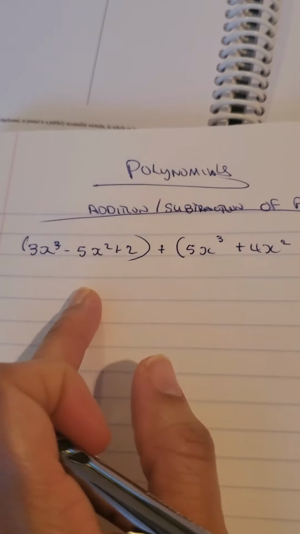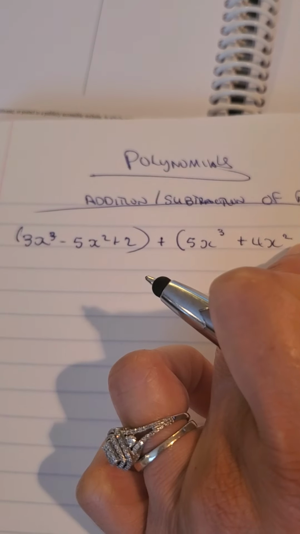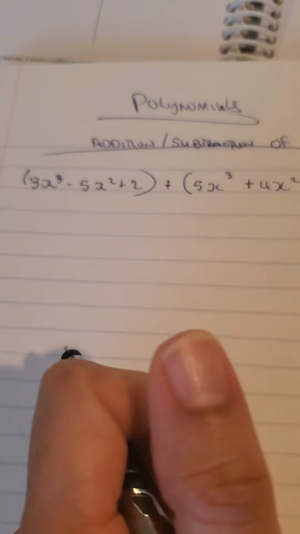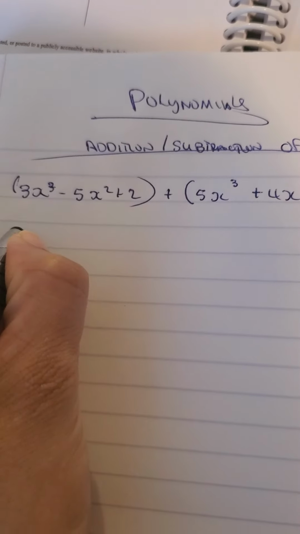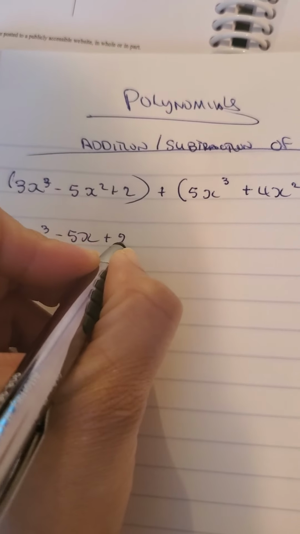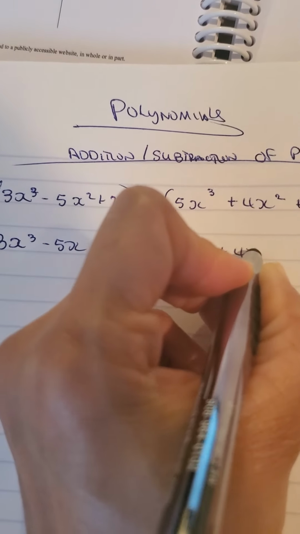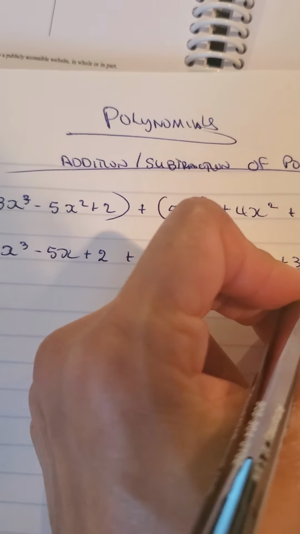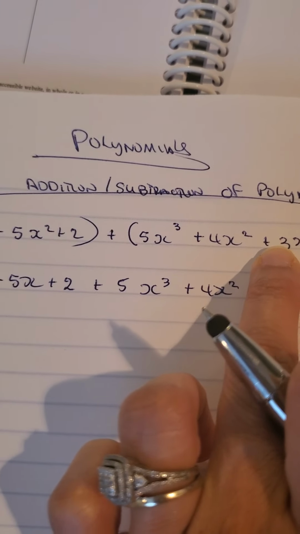What you want to do here is assess: is there anything I can simplify within each parentheses, using the rules of order of operations? When we look at it, nope. So you can rewrite this expression without the parentheses. The reason it's in parentheses is that the text wants to introduce you to adding these polynomials two ways.